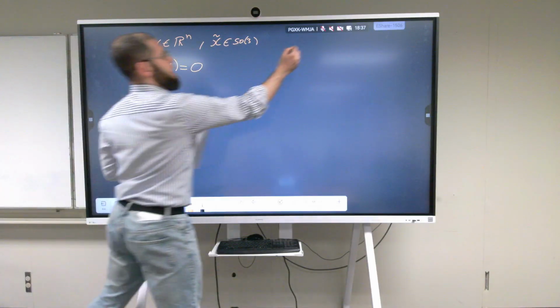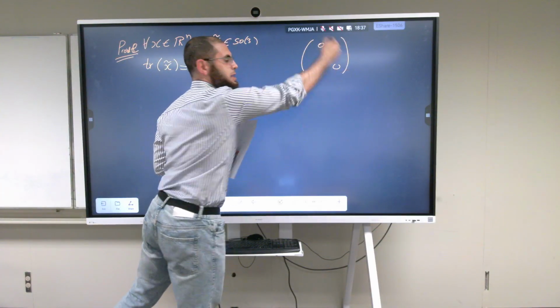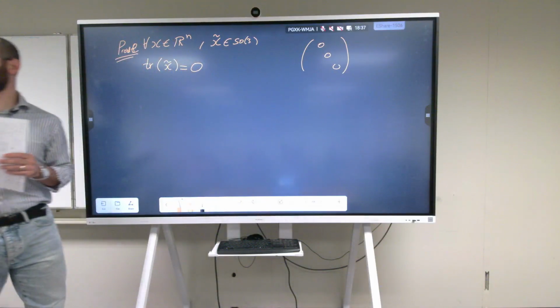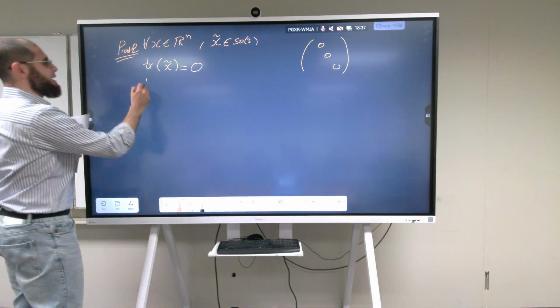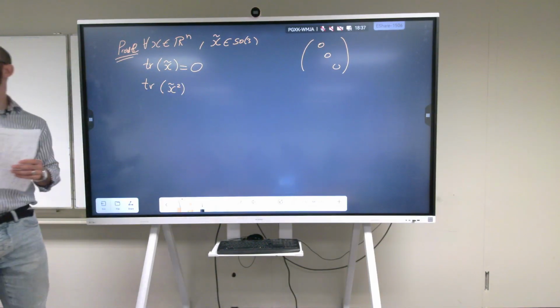And that's actually an easy check. I'll show it to you right now. The diagonal is 0, 0, 0, and there was some other stuff. The trace is the sum of the diagonal. 0. Done.